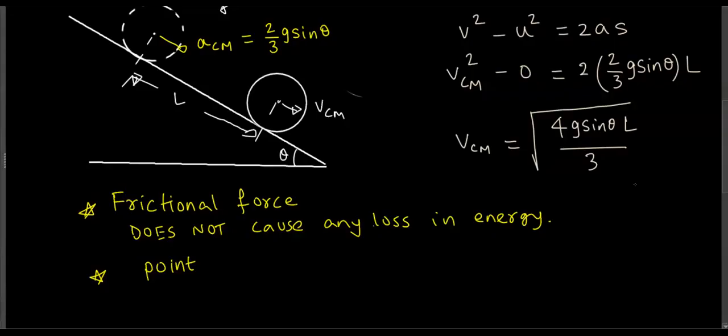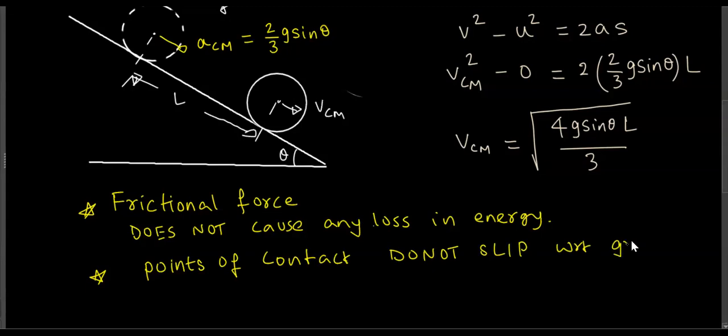Okay, so this is what I was saying. The friction is there. Friction force is definitely there. You need that, otherwise the rolling is not possible. But the frictional force does not cause any loss in energy. The mechanical energy is not lost. The reason is the points of contact don't slip relative to ground.